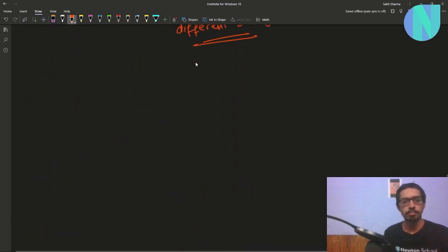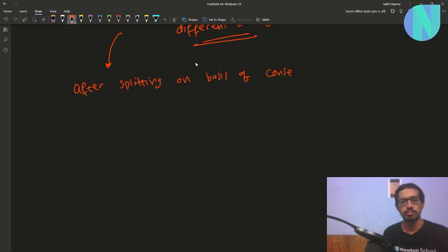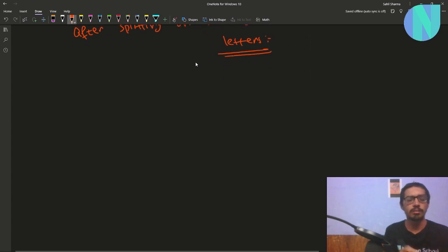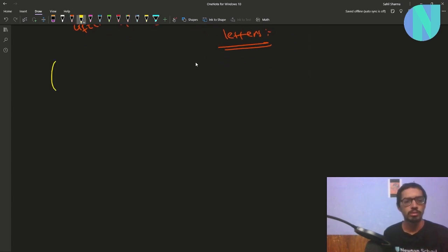So after splitting on the basis of consecutive letters, I will have some types of groups. I will call the first one group 1: single letters, that is A's and B's.